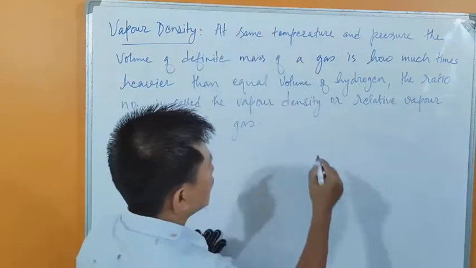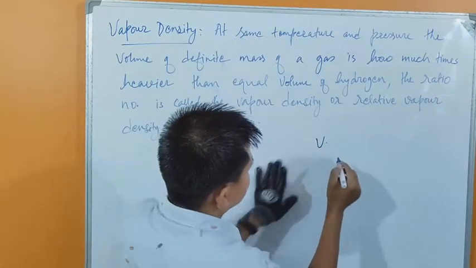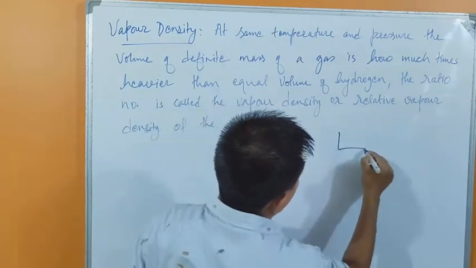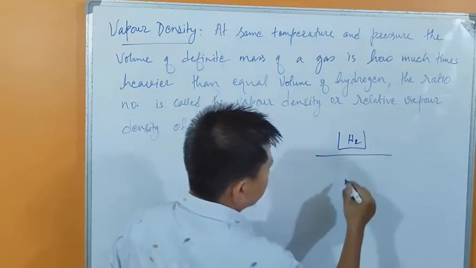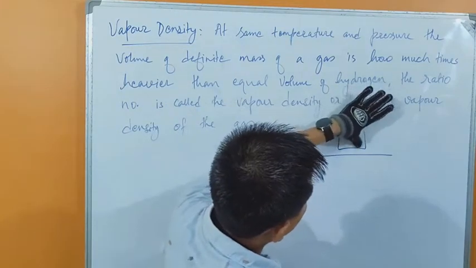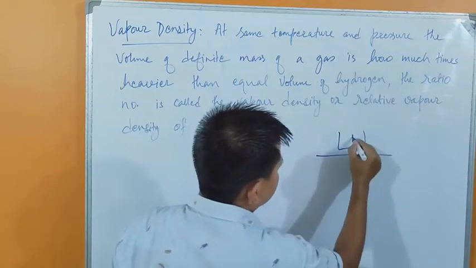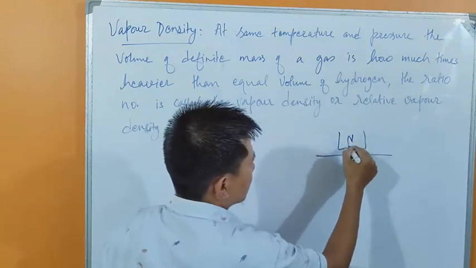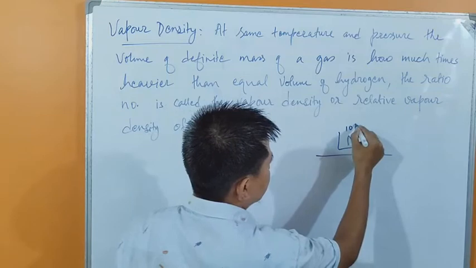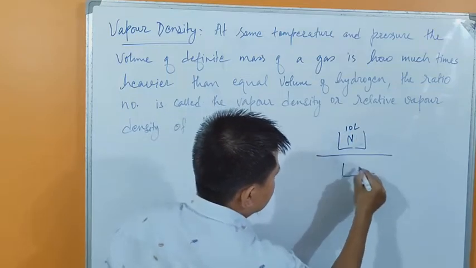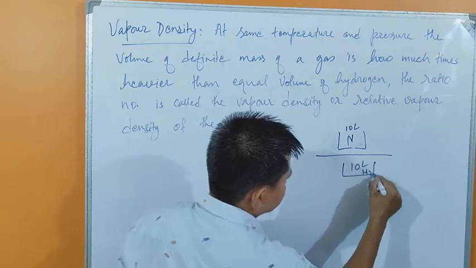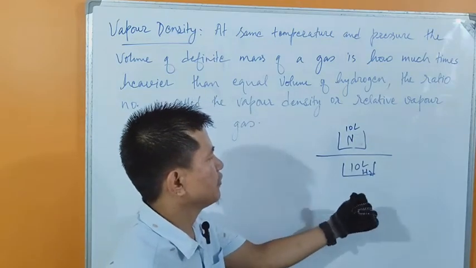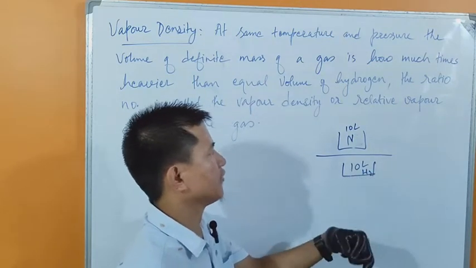Now, the volume of hydrogen, let us say this much, and the volume of nitrogen here. Let us say 10 liters of nitrogen and 10 liters of hydrogen.